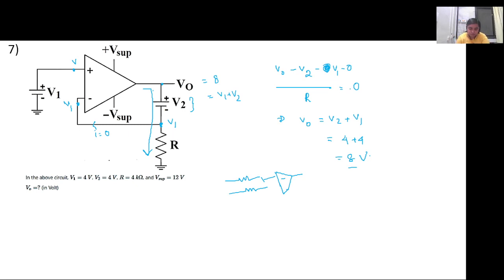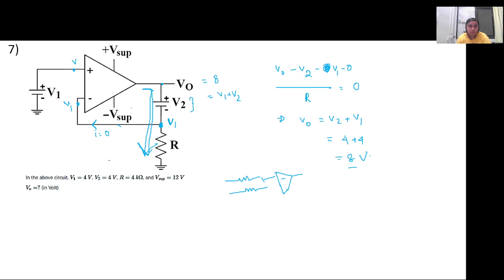KCL or something else at V1? I mean, you can write KCL at V1, but there is no resistance connected here. It's just the voltage that we get at this particular node, and then we write the equation. Whatever current flows out of the circuit will flow only through this branch, because there is no current flowing across this particular branch.